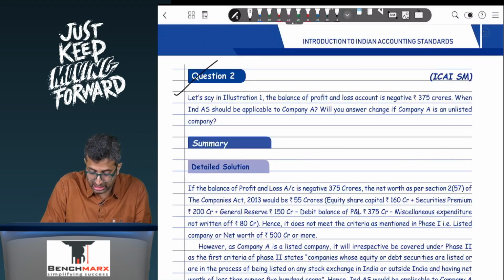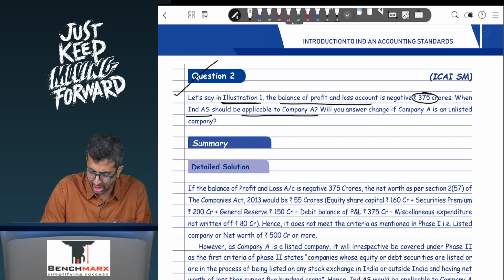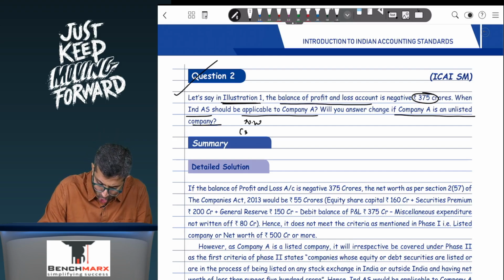Question 2. Let us say in illustration number 1, the balance of the profit and loss is a negative 375. Then when should Ind AS be applicable to company A? Will your answer change if A is an unlisted company? So you will try to find the net worth on 31st March 2014.